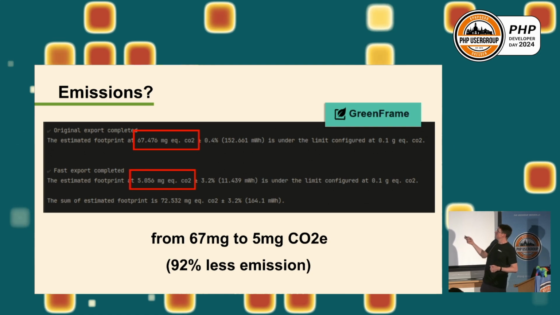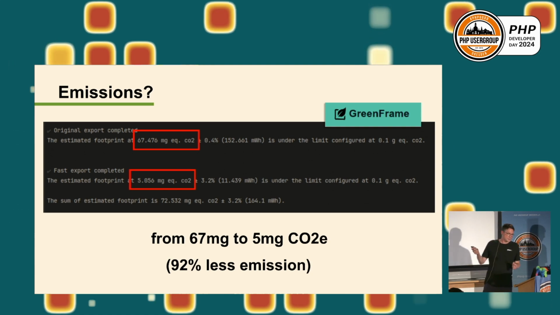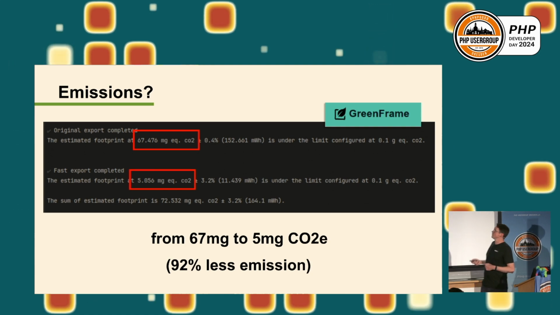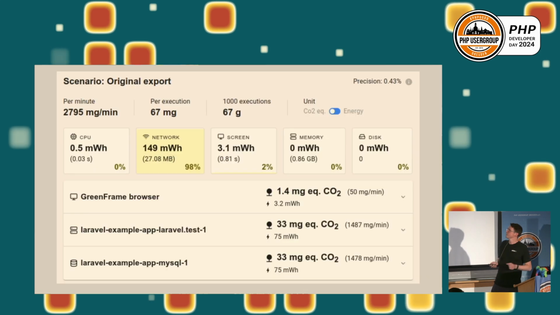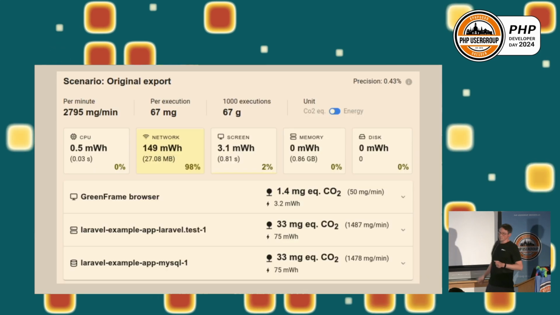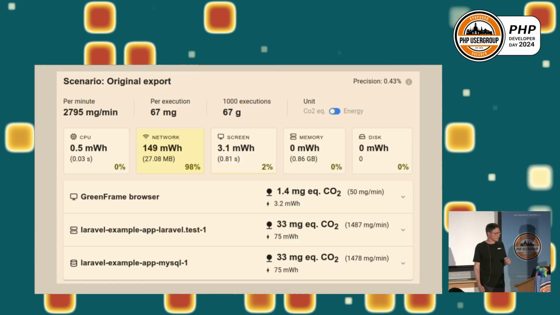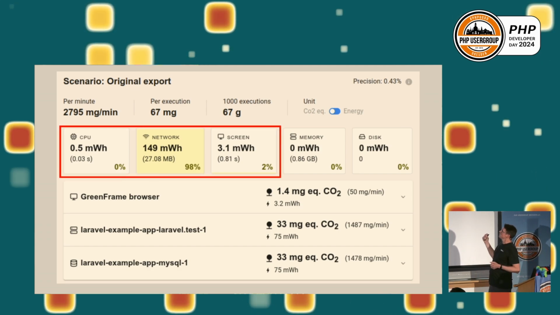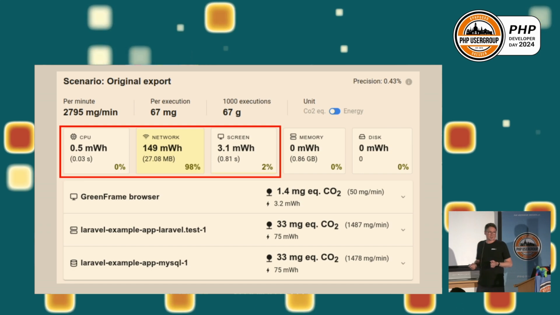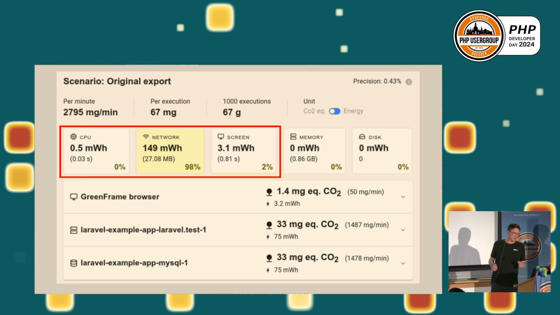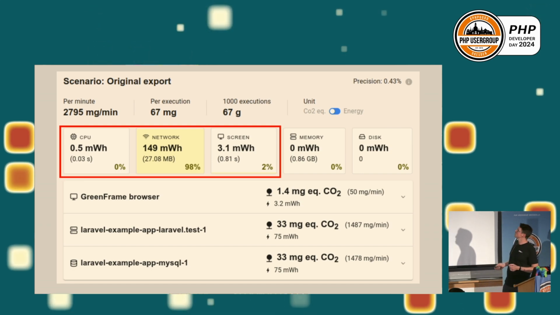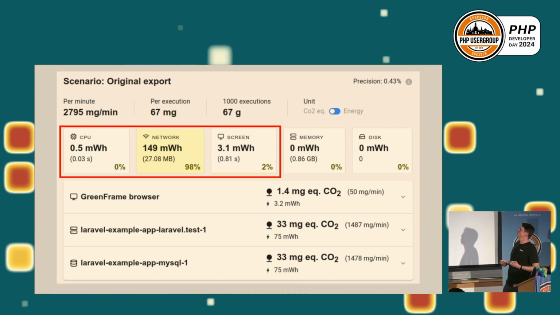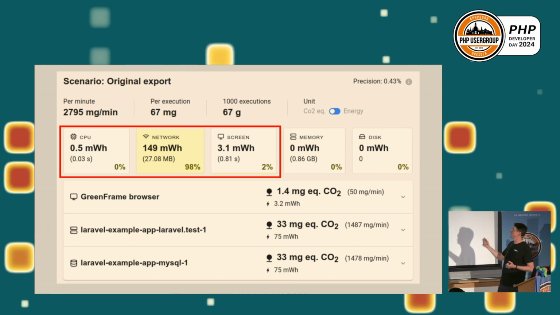This here is the freely available version of the Green Frame tool. It does not give me so much information. If I pay them a couple of bucks per month, then I will get this beautiful view. What I found quite interesting is, of course, the CPU uses some energy, but according to their tool, the network traffic between the Laravel app container and the MySQL container was the biggest cause for energy consumption, and thus carbon.